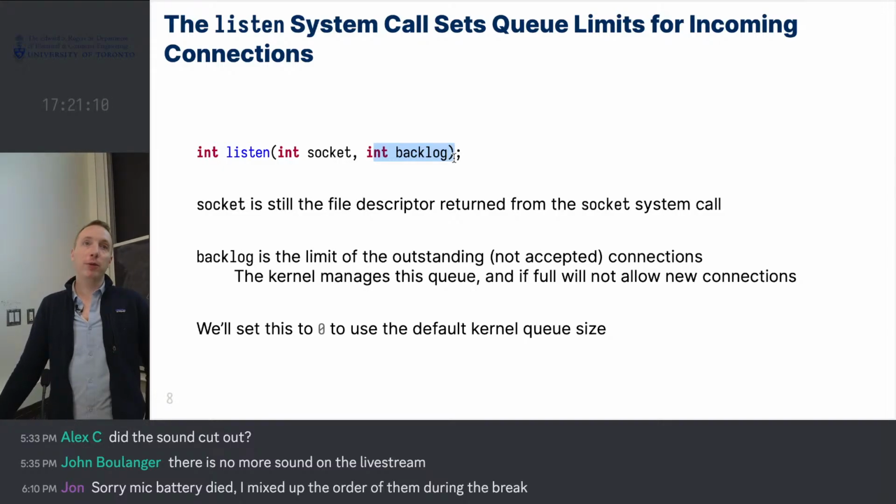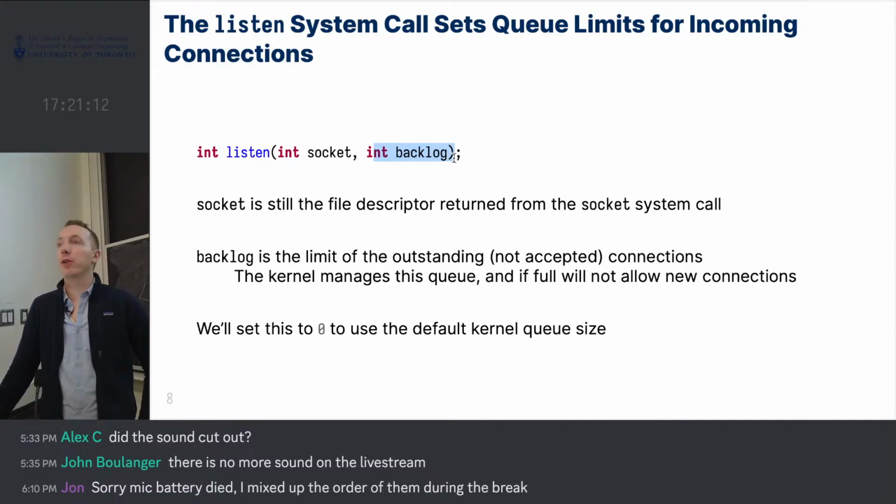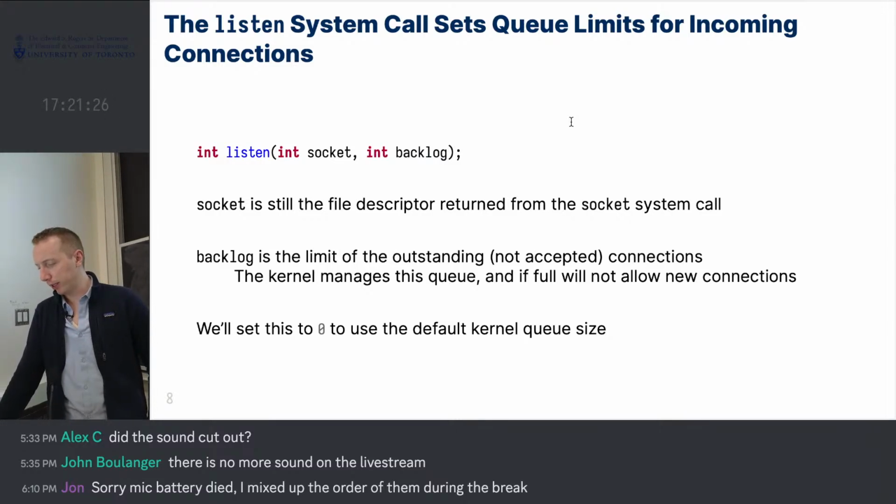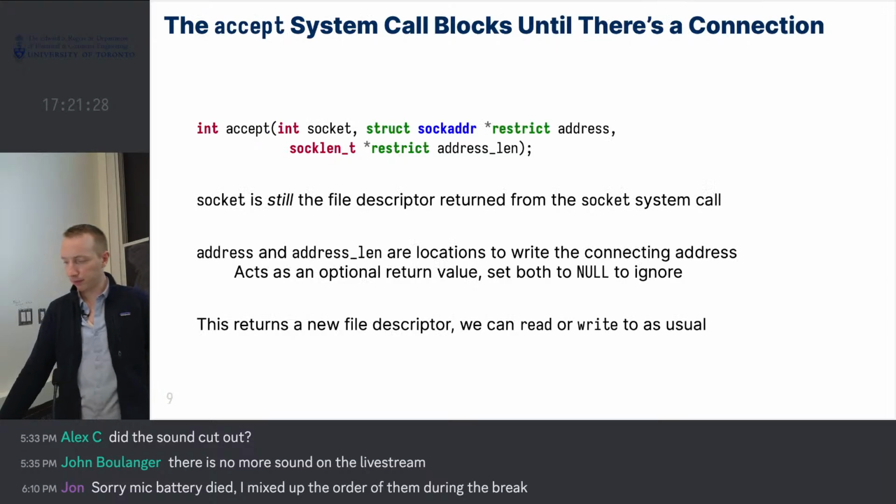If you set this to 0, the kernel picks for you, so the kernel has a default. Generally, the kernel developers are smarter than me, so just pick 0 and let the kernel figure it out. If you have problems, you can come back and change it later, but generally, the kernel is smart.